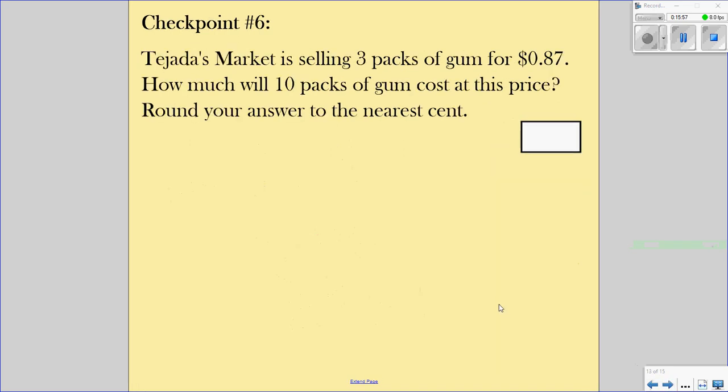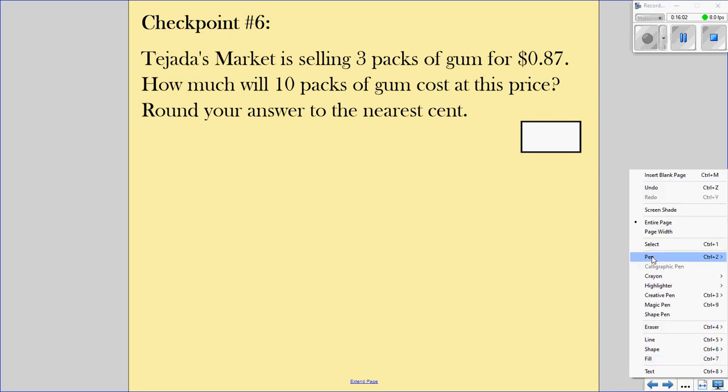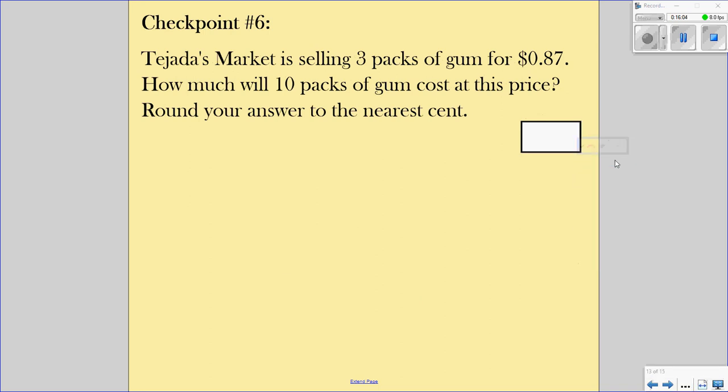Next one. The Hudson Market is selling 3 packs of gum for 87 cents. How much will 10 packs of gum cost at this price? And round your answer to the nearest cent. So we got 3 packs for 87 cents. How much will 10 packs be?